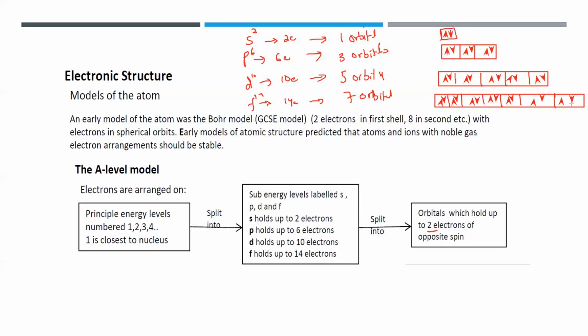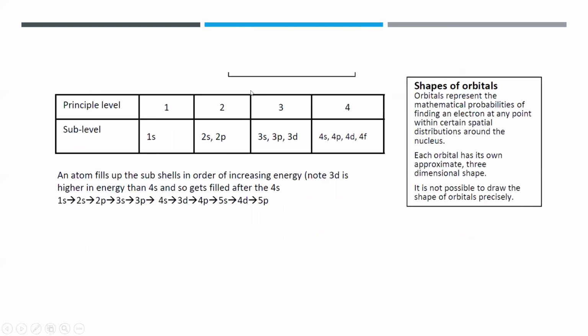So how do we write an electronic configuration? For this you have to learn the following idea. Look, 1s: shell number 1 has only one subshell, which is the S subshell.